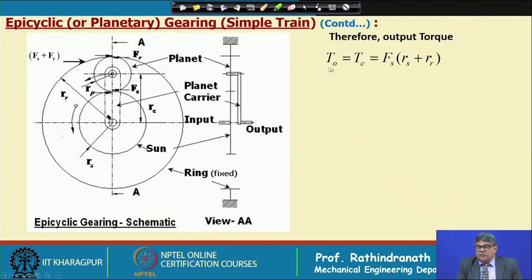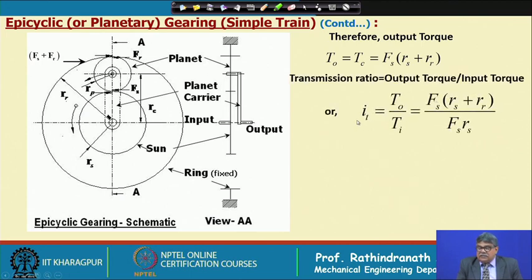Now, therefore, the force Fs times (Rs plus Rr)... and therefore, the transmission ratio, T output divided by T input, which is Fs times (Rs plus Rr) divided by Fs times Rs, the radius of ring plus radius of sun divided by radius of sun. That means, it will become 1 plus Rr by Rs.